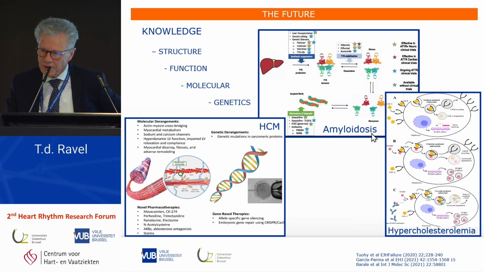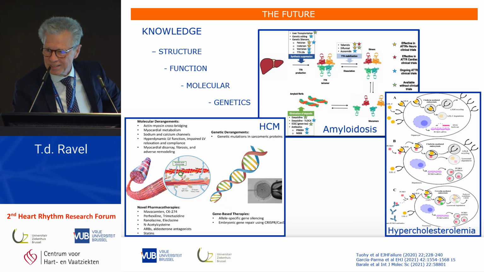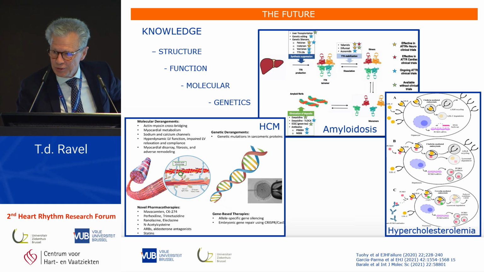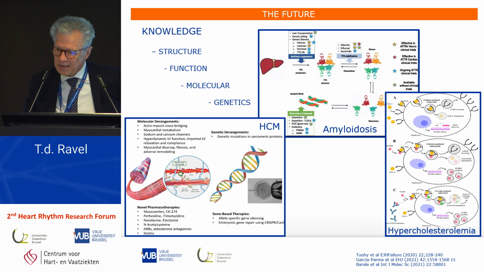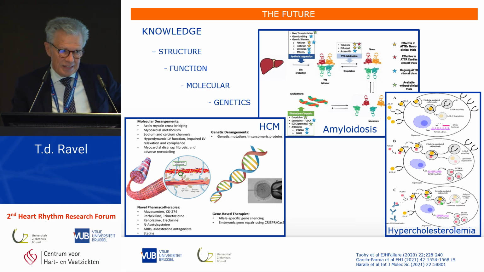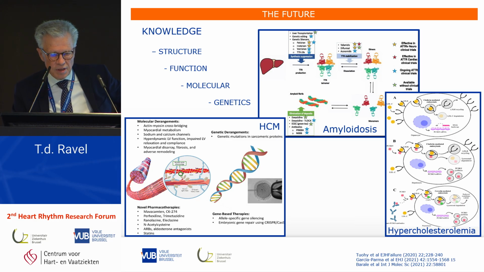So, you can't talk about genetics without the future. It was even in your program, your last presentations today are of the future. We've already seen that in different things, like in the HOCM, there has been a medication which has come in now, which works specifically by binding on the actin. We know that in hypertrophic cardiomyopathies, MYH7 and MYBPC3, the myosin binding protein C3, are important.